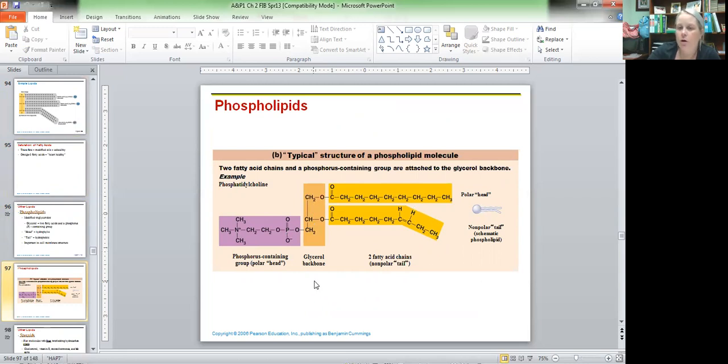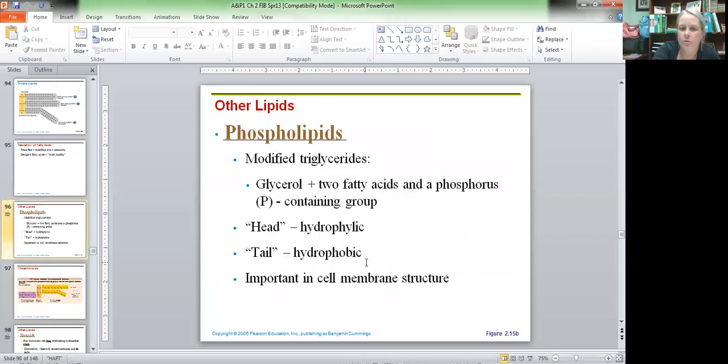And so the head of it, let's go back to your notes, the head is hydrophilic, that means it likes water. The tails are hydrophobic, which means they don't like water. And you'll see more in chapter 3 of how these are set up as a cell membrane, and how they work in keeping water in and out, that kind of stuff.